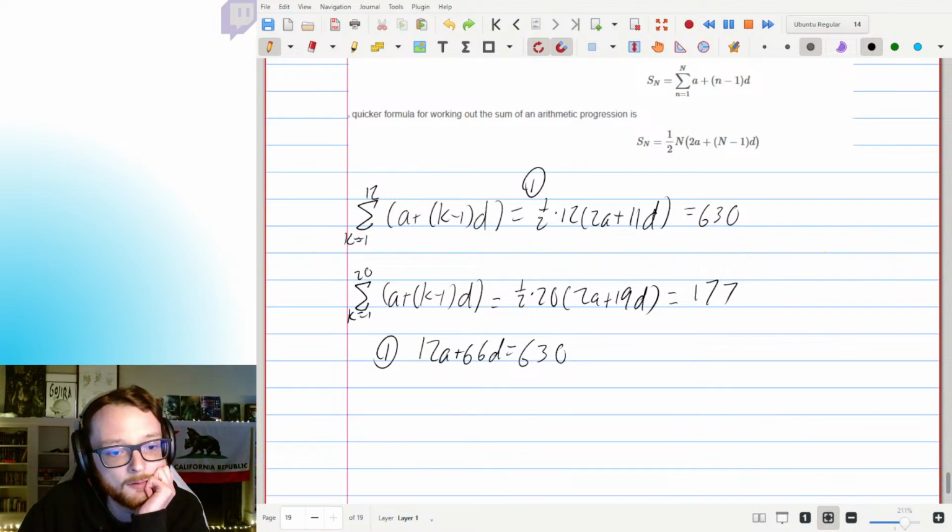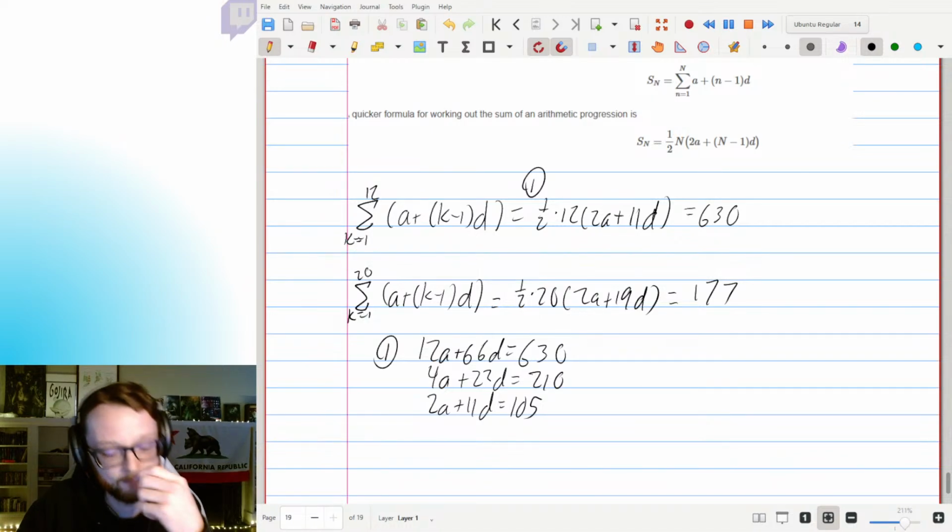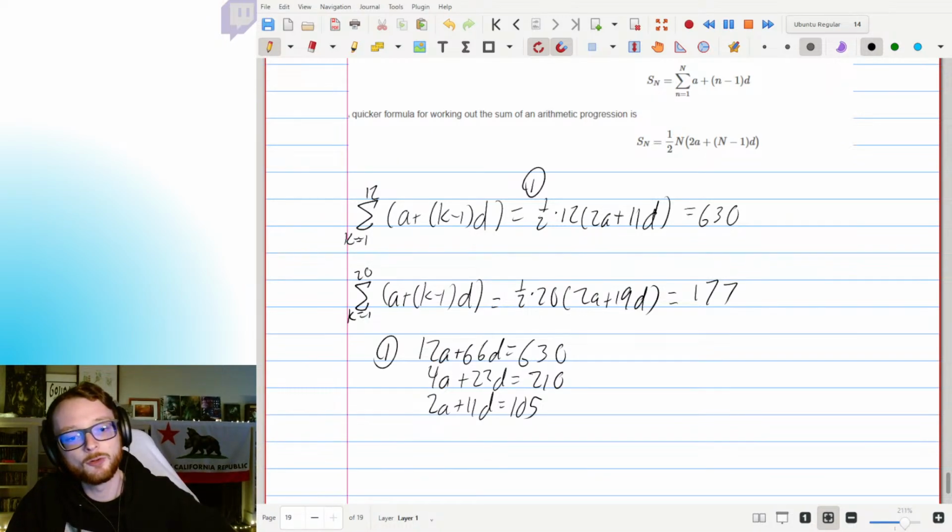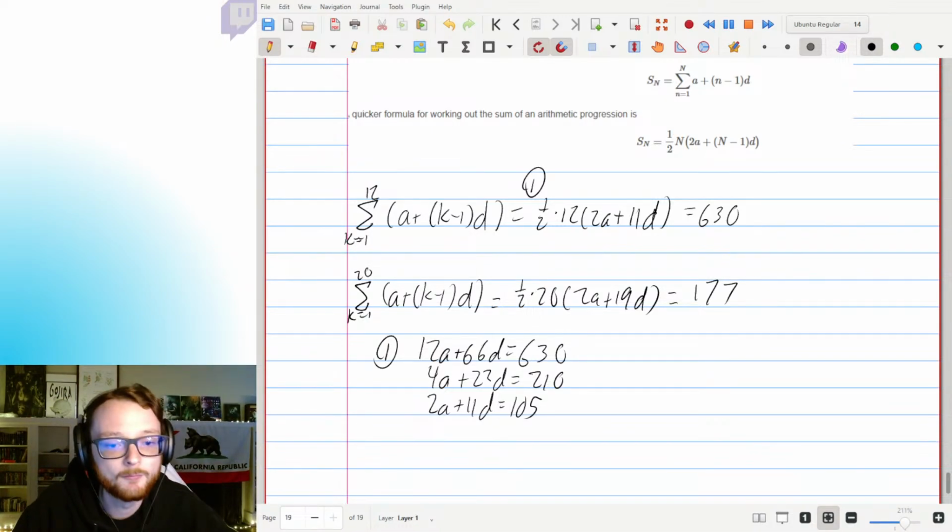We can. 4a plus 22d is 210. I see we can divide out a 2 as well, so let's do that. 2a plus 11d is 105. So I think that's the best that we can do here in terms of getting it in simplest terms.